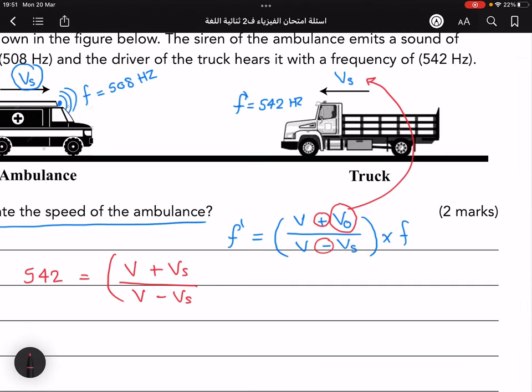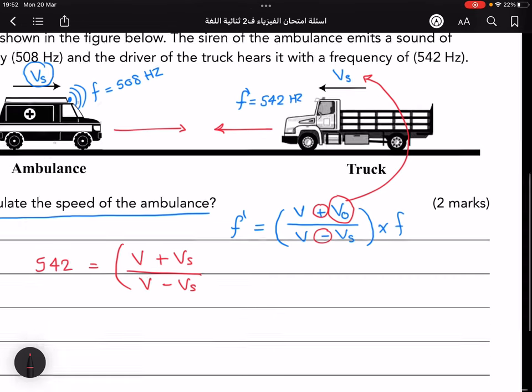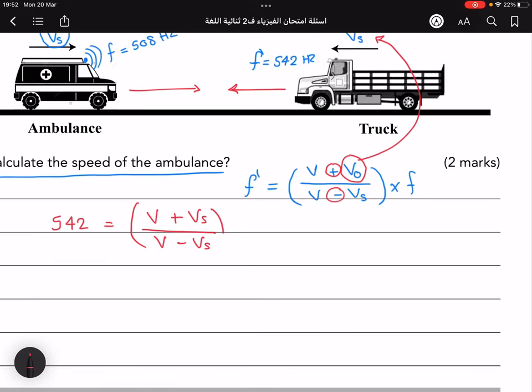Because the source and the observer are approaching each other. This is all multiplied by the real frequency, which is 508.